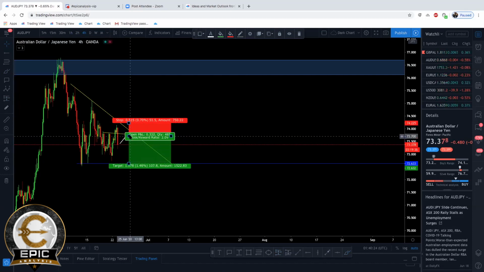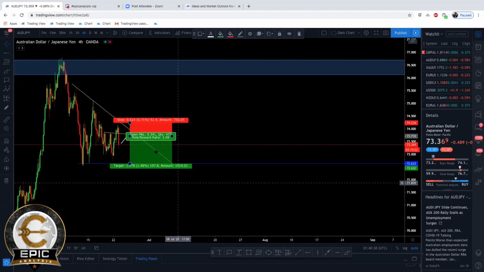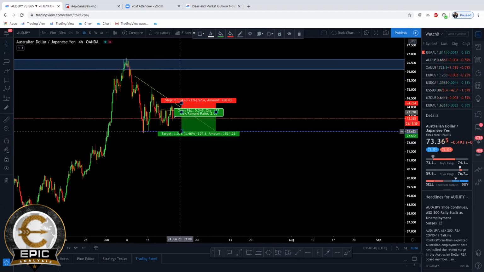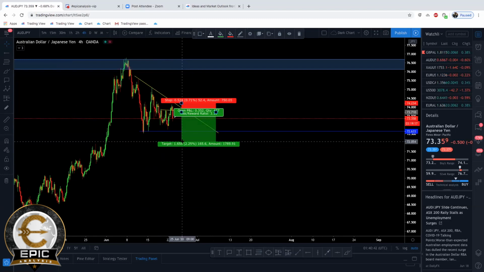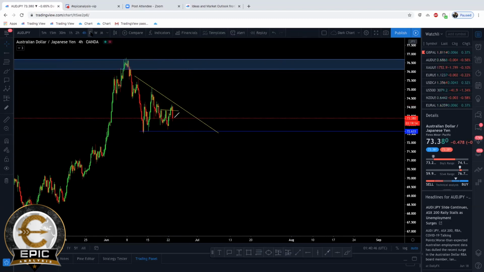So ideally, I would like to see a pullback after this 4-hour candle close, and I would enter this on the sell. Now, if I enter right after the 4-hour candle close, the risk to reward will have to be worth it. I put my stop loss above, and I would need to anticipate this breaking support to make it worth it to me, coming back down to like 72, which could very much happen.